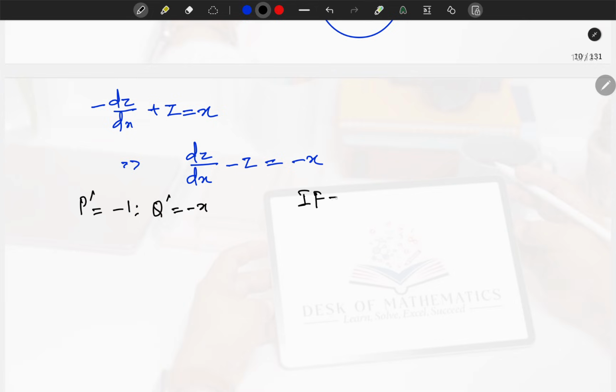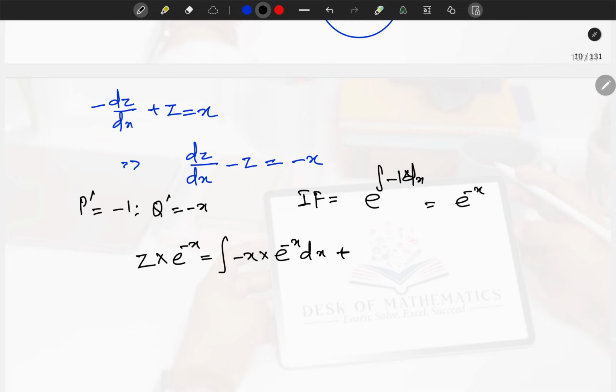What is the integrating factor now? e raised to the power integral of minus 1 dx, so that is e raised to the power minus x. So your solution will be z, because your dependent variable is now z, times e raised to the power minus x is equal to the integral of minus x into e raised to the power minus x dx plus c.